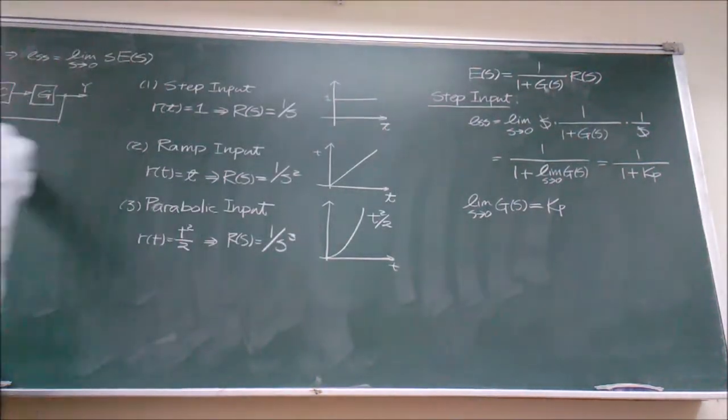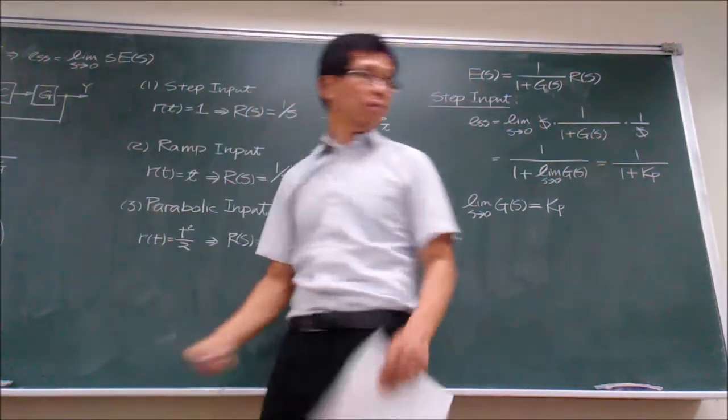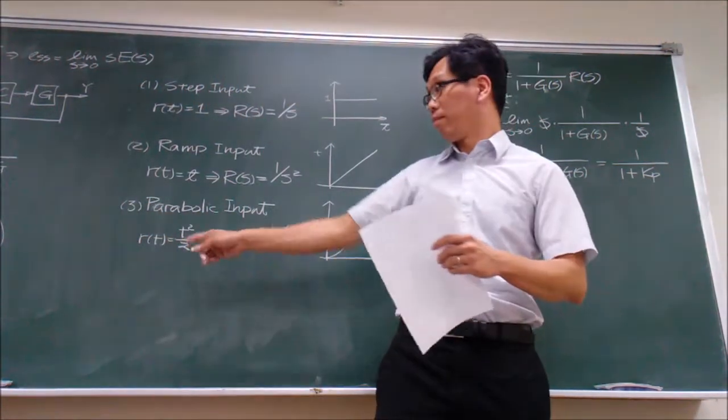Because if you do something over here, you're going to find E equals R minus Y, and Y is going to be 1 plus CG. Right? So if you put this one back to this one, you're going to find E equals 1 over 1 plus CG. That's from your block diagram.